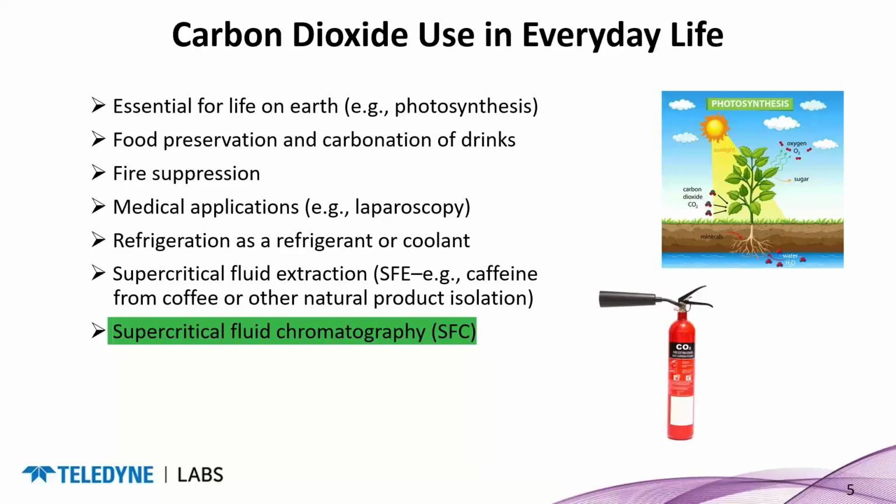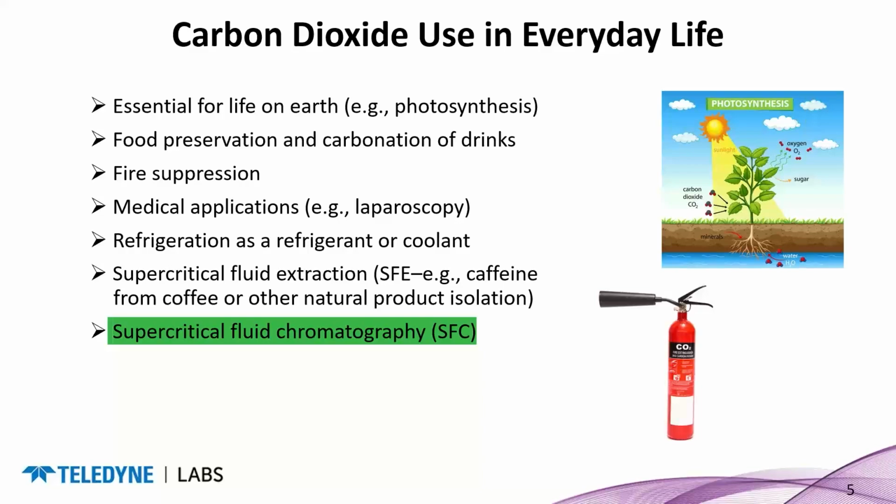I think we all like a soda once in a while. Fire suppression, it can be used for that. And medical applications, it's often used for things like laparoscopy, as an example. It can also be used as a refrigerant, and actually was fairly common a century ago with that type of usage before newer refrigerants came along that were more efficient.